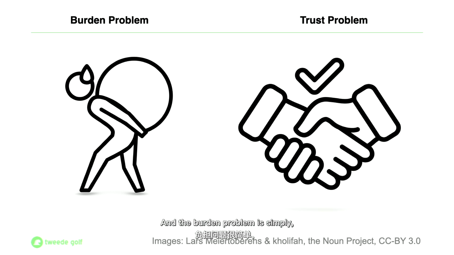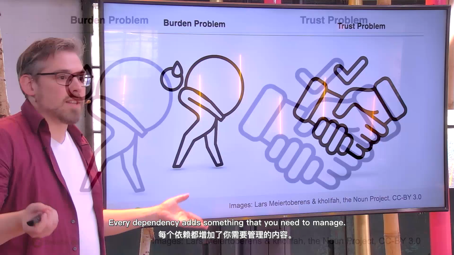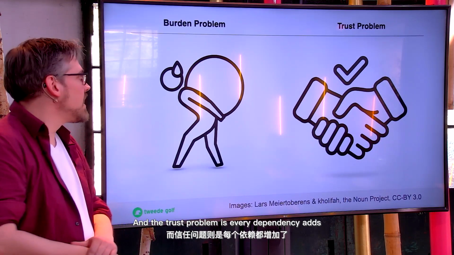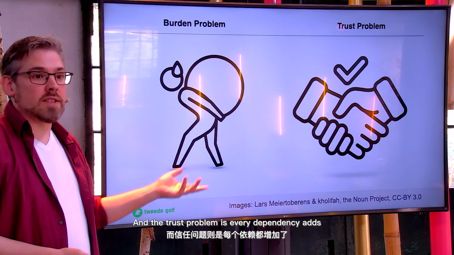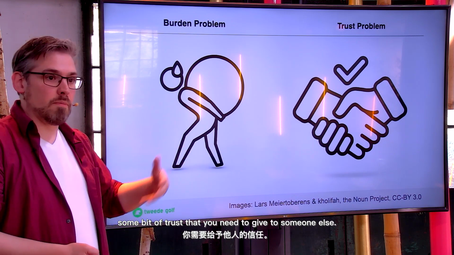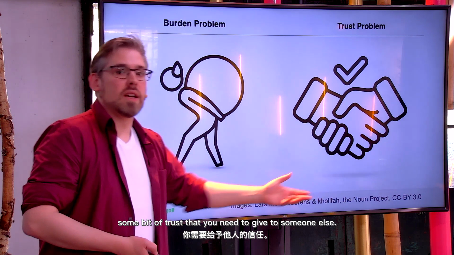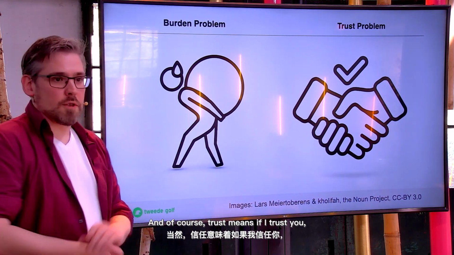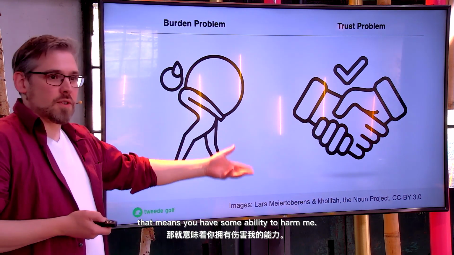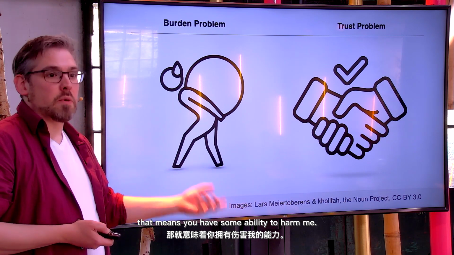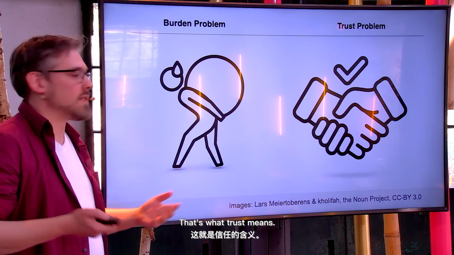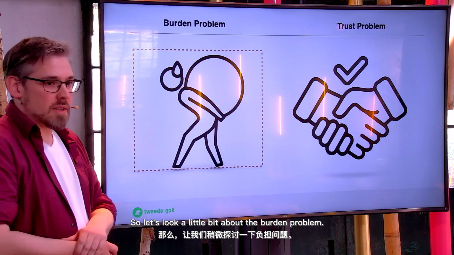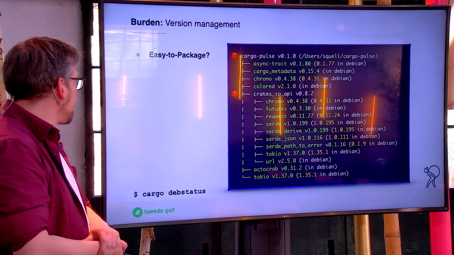The burden problem is simply, it's a burden if you have a dependency. Every dependency adds something that you need to manage. And the trust problem is every dependency adds some bit of trust that you need to give to someone else. And of course, trust means, if I trust you, that means you have some ability to harm me. That's what trust means.